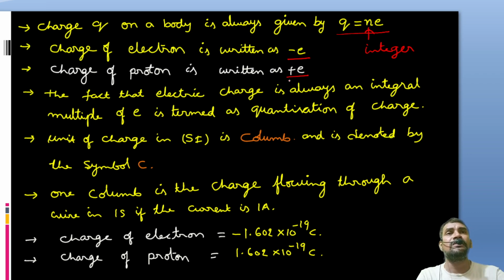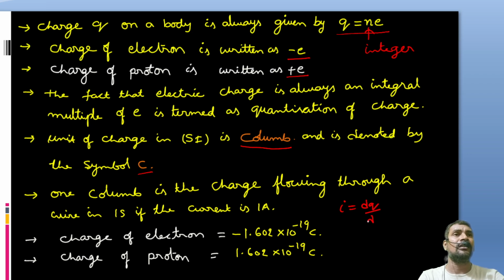So what are the units for charge? In SI, the unit for charge is the coulomb, generally represented with the symbol C. Okay, 1 coulomb of charge flowing through a wire in 1 second gives a current of 1 ampere. So we all know that the current I is equal to dq by dt.